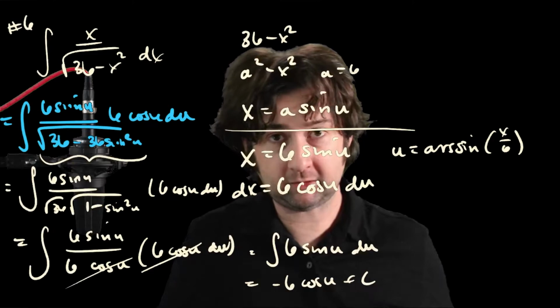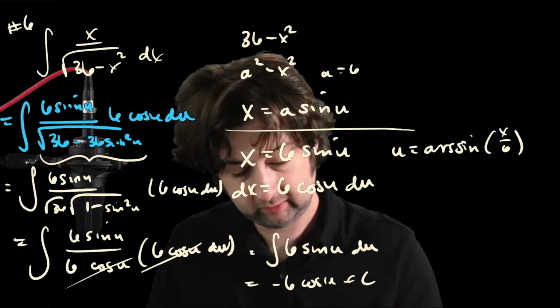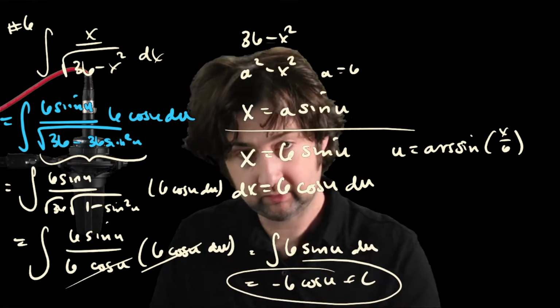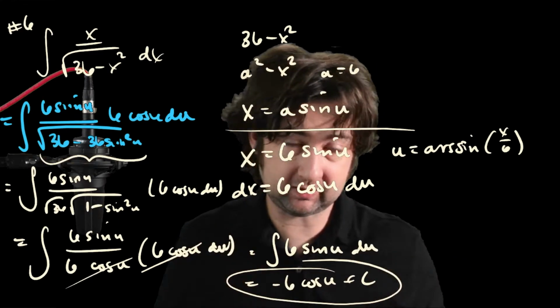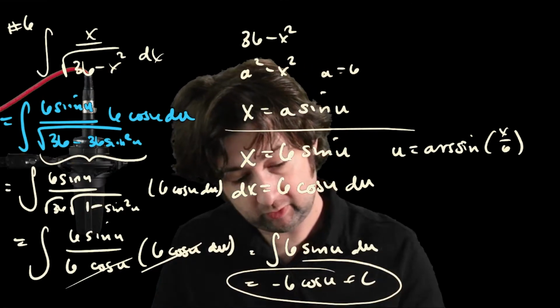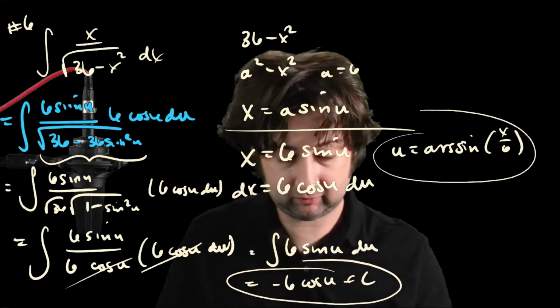Now to finish this up, I'm going to use the right triangle method, because I want to replace this with an expression in x. And I'm not done because I haven't gotten rid of the u's yet anyway. So what was u? u was the arcsine of x over 6.